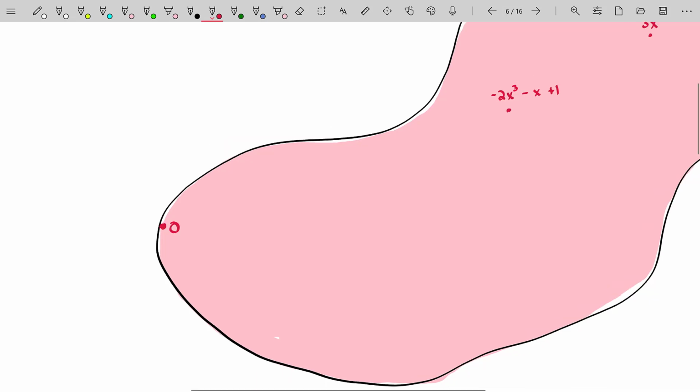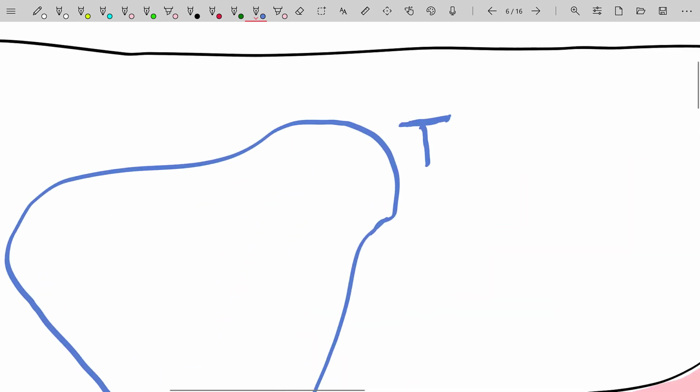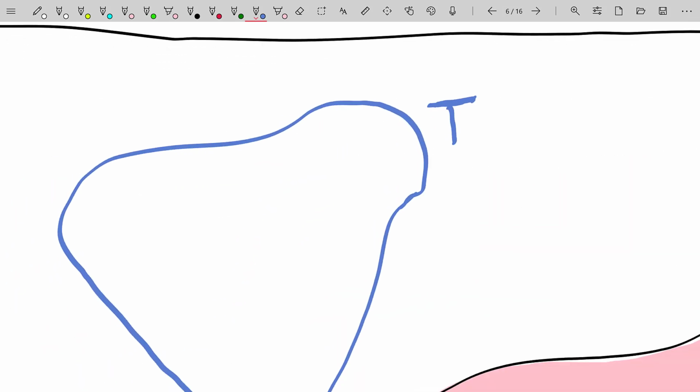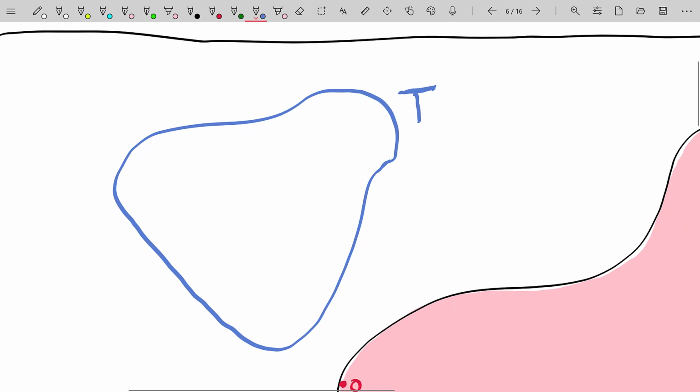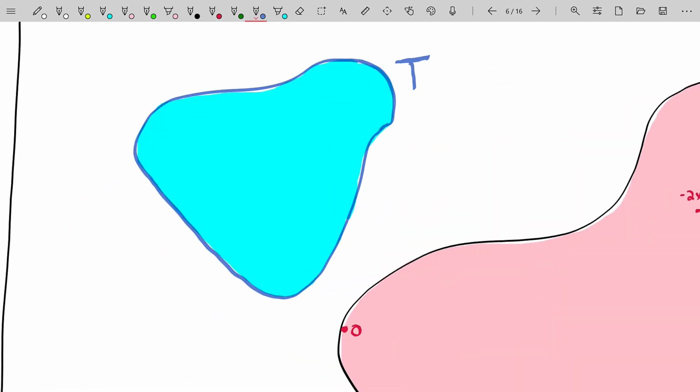for a very special reason. Yet another subset of all of our sets of functions is a set of all trig functions. I'm not going to put a double bar on that because then it'll just look weird to me. But let's let T be the set of all trig functions, which is a subset of all functions. One such element within that set would be, for example, the sine of x. Another element would be root 3 cotangent of x.